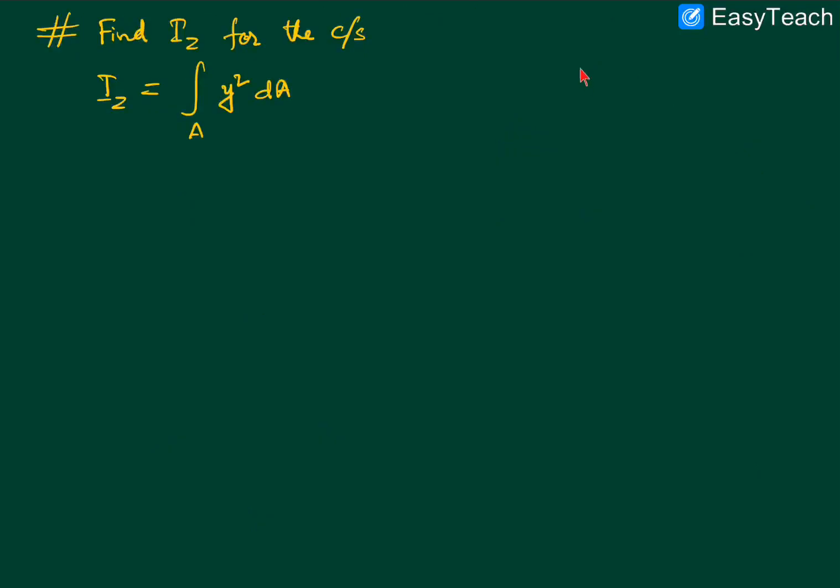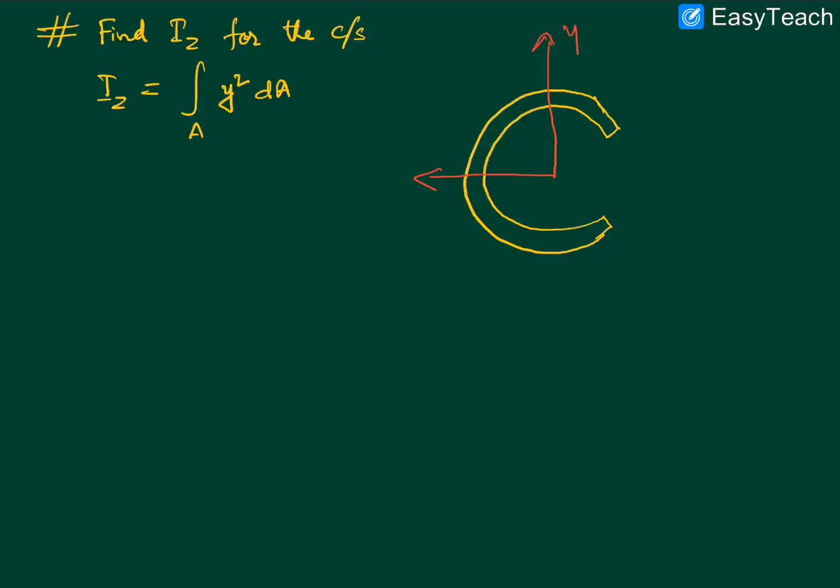Okay, so let's do that quickly. We again set up our axis passing through the center and not the centroid. So this is our y-axis and the z-axis. Unlike the previous case, we are interested in only an elemental area. So we set it up like this, a little area here.